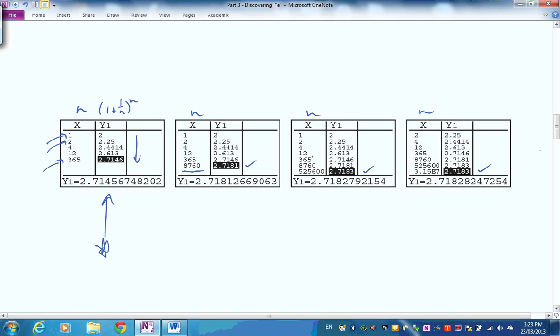The last, very large value is 2.7183. It's compared to here and here, even going up to, what is this, 3.15 times 10 to the 7. So even going up to that number, we are getting some stability here in those first 4 decimal places.